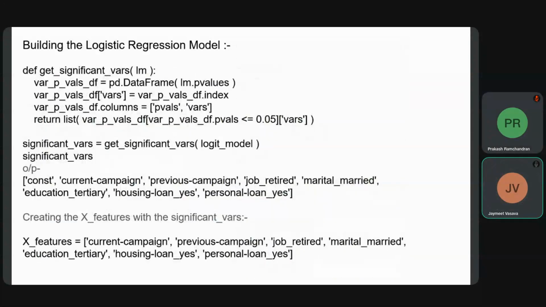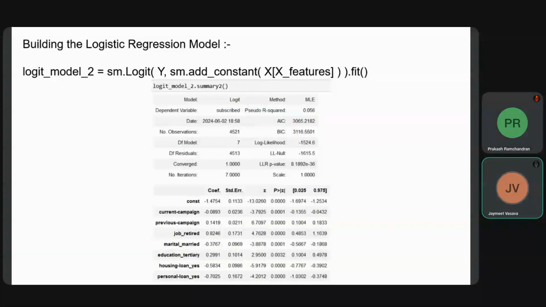These are the variables that we get for X, which are the most significant ones. So now the X features will be made out of these features. Now we'll create the model using those significant variables, and you can see these are the results when we print the summary of it.